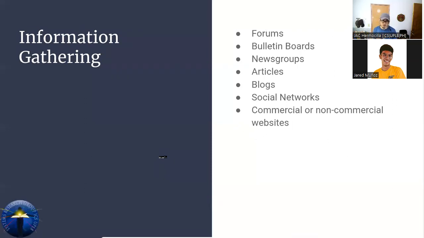When you start doing the pen test, you can have access to forums, bulletin boards, news groups, articles, blogs, social networks, commercial or non-commercial websites that are related to UPLB. For example, you can look at the UPLB website, the LinkedIn profile of UPLB, and the social media accounts of UPLB, like Facebook or Twitter.